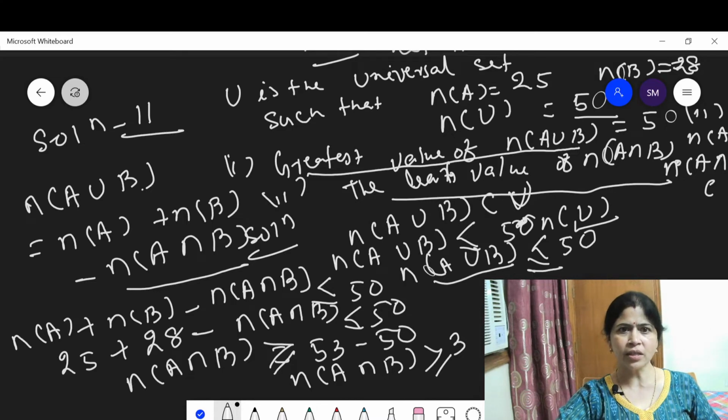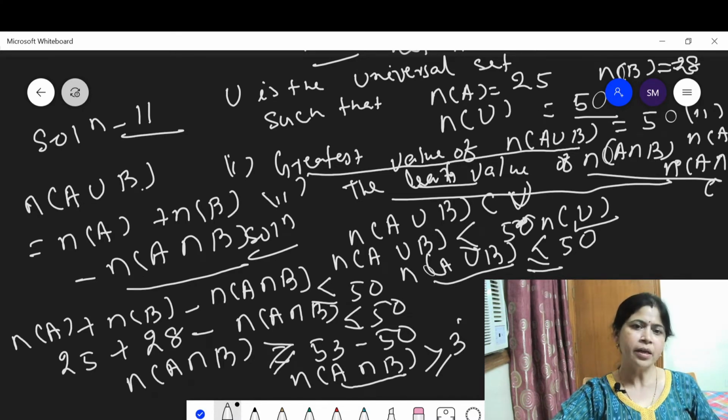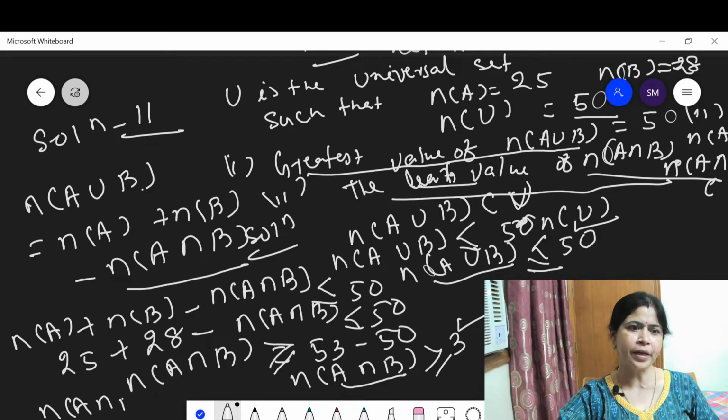The question asks for the least value of n(A intersection B). The number of elements present in A intersection B is greater than or equal to 3, so the least value of n(A intersection B) is 3. The least value must be 3.